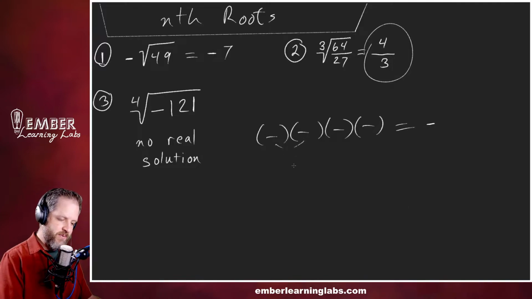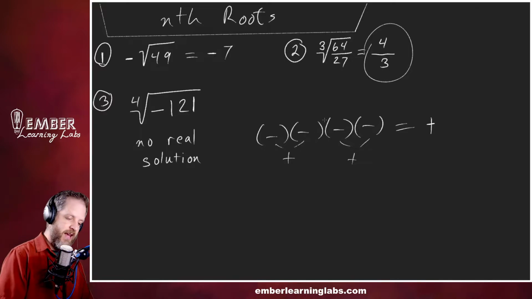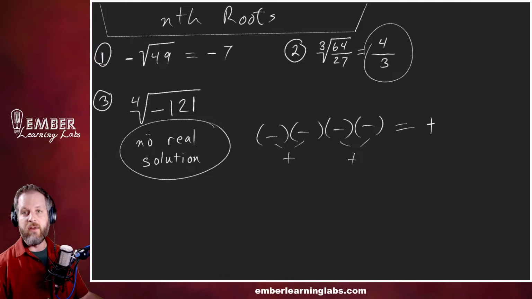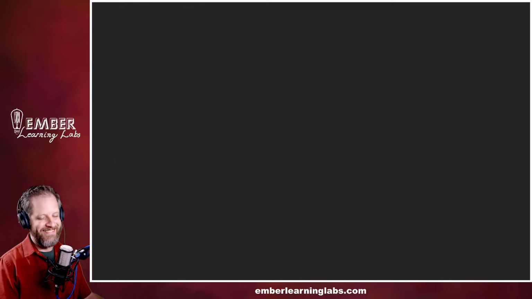Because these would turn into a positive, and these would turn into a positive, and then you end up with a positive times a positive, which of course is a positive. So you can't multiply an even number of numbers and get a negative answer. So there's no real solution to that problem. So if that's all it is, then this is super duper easy. But let's throw some letters in there, right? So this is example 4.